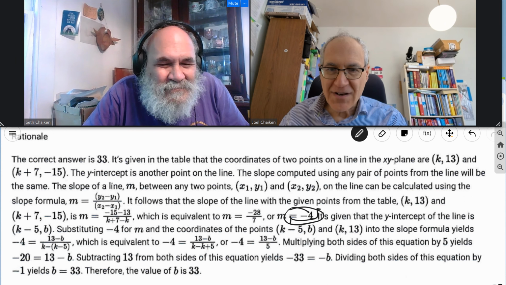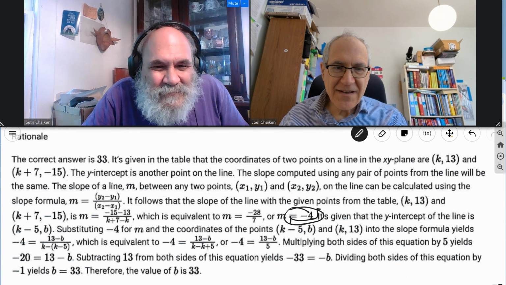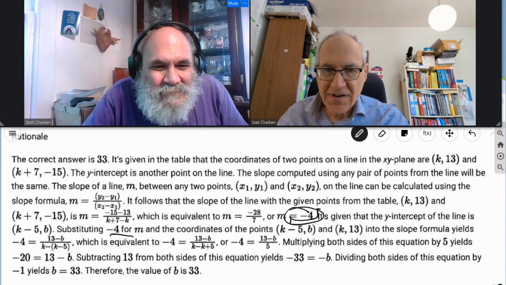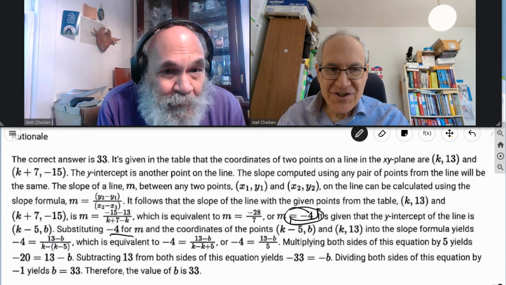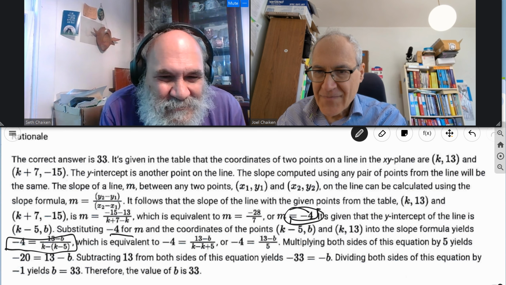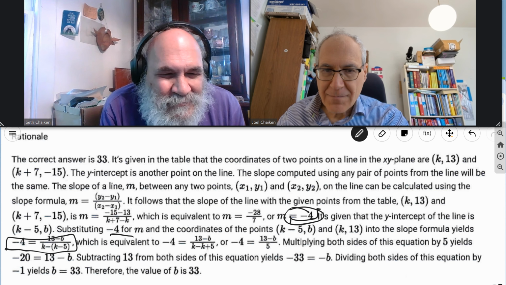See, they're doing it another way, aren't they? It's given that the y-intercept of the line is this, substituting -4 for m, and the coordinates of the points into the slope formula yields this, which is equivalent to this, which means you get b.